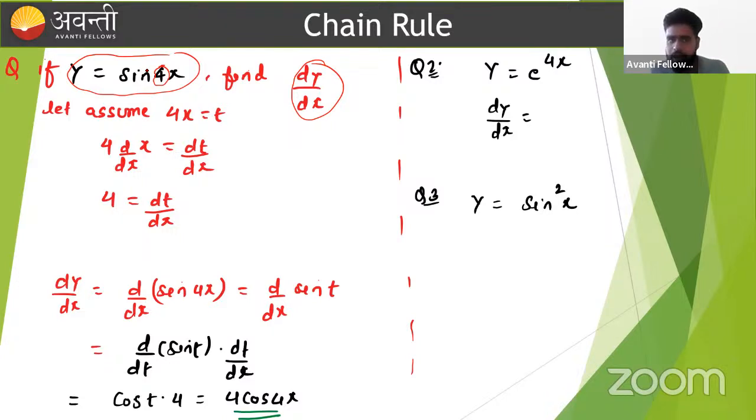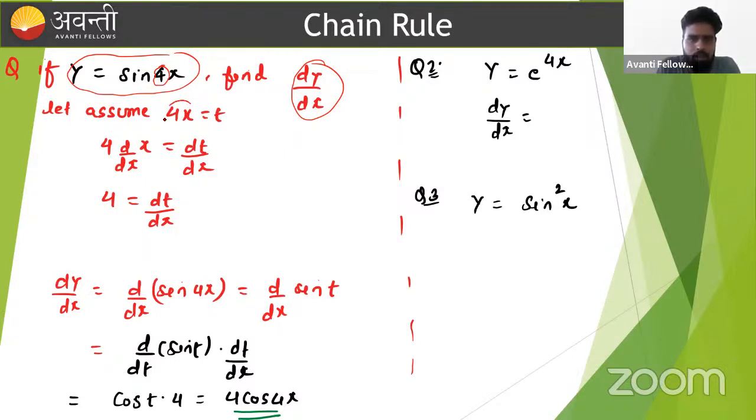In such questions, which come under the category of the chain rule, the 4 is creating the problem. So we want to replace this 4x with some other variable, because if we are able to express it in terms of another variable, it will become a single unit. Once it becomes a single unit, it is easy for us.